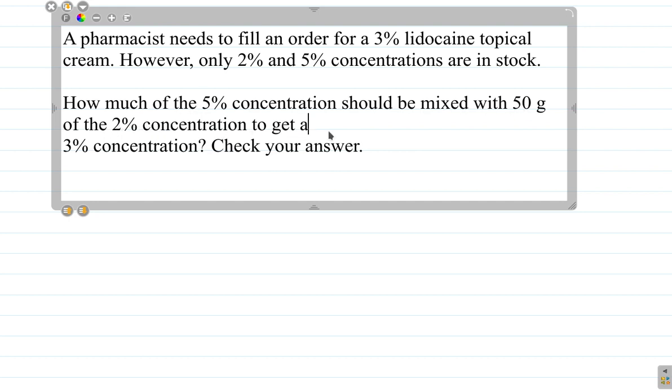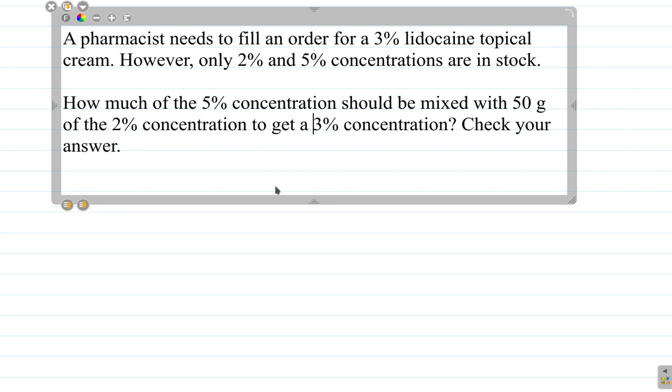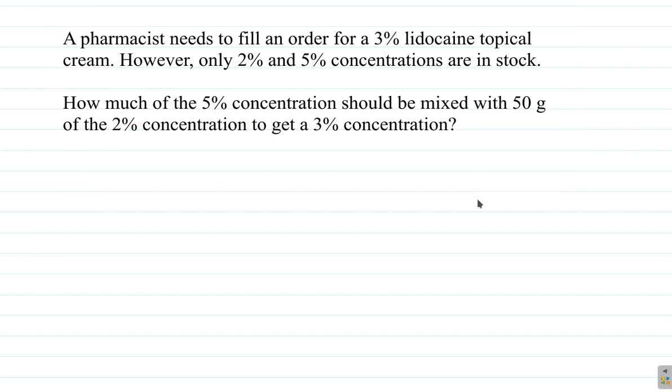That amount could be limited by the container that you're going to mix them in. But you have 50 grams of the 2% concentration available. You want to get that 3% concentration. How much of the 5% concentration should you mix with it?